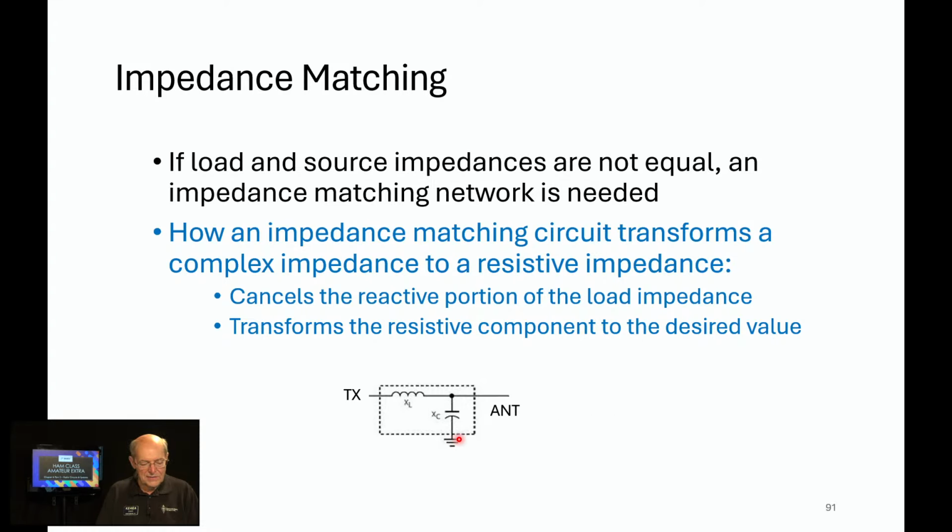You remember back from our complex impedance discussions, if you had a value like 50 plus j25, you'd want to cancel the plus j25 to 0 and also alter the resistive value so that everything was matched. So I'm hoping that this will make sense now. It cancels the reactive portion of the load impedance, either inductive or capacitive, and then transforms the resistive component to the desired value.